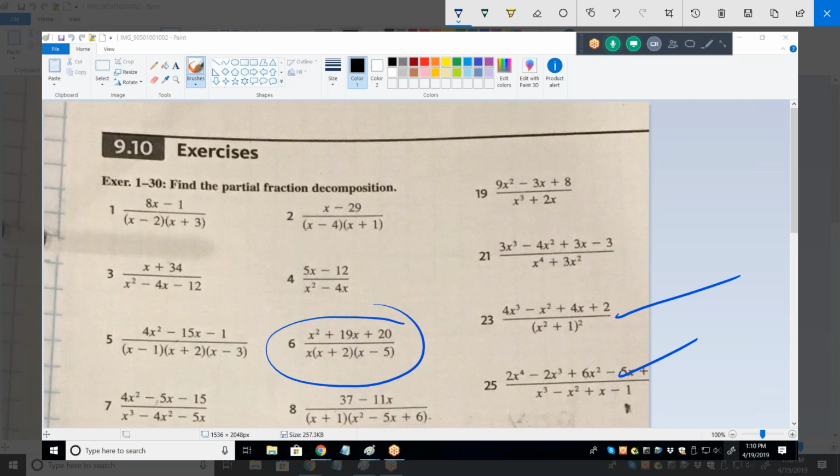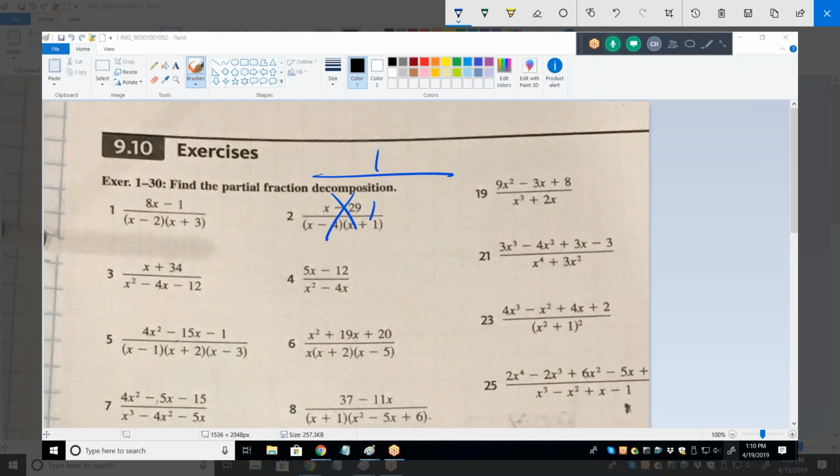Could you explain to me why, when a factor of the denominator is used twice, like in 23, it's basically x squared plus 1 times x squared plus 1. Why, when you do the partial fraction decomposition, you have to do the whole thing?